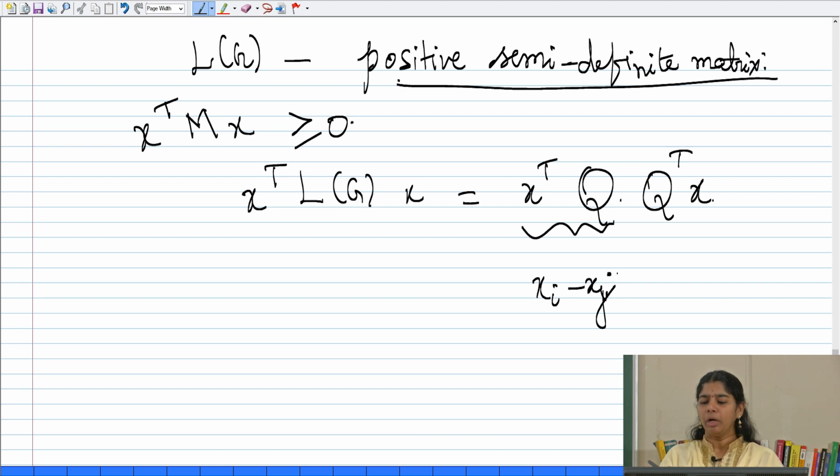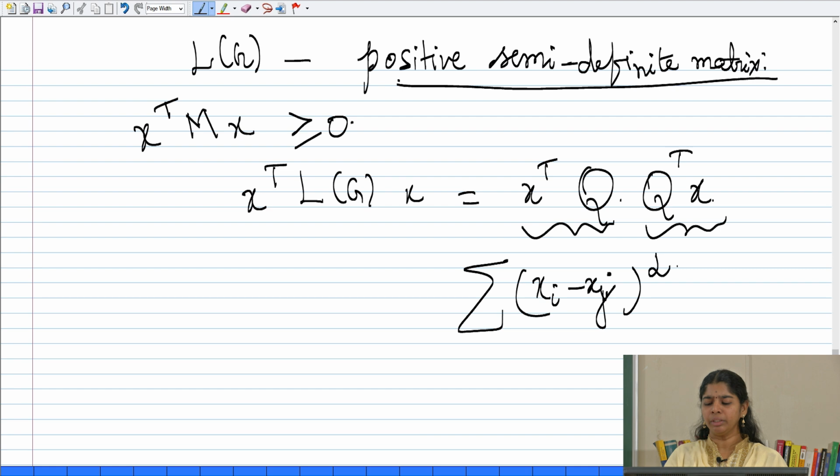Similarly, if you look at Q x, there also you will have similar entries xi minus xj coming into the picture. So, this product in itself translates to the summation of (xi minus xj) the whole squared. One xi minus xj comes from the x transpose Q and the other one comes from the other side, for every edge in the graph. Whenever i is adjacent to j, we have this expression.